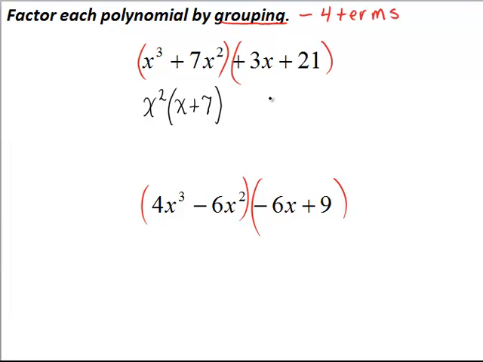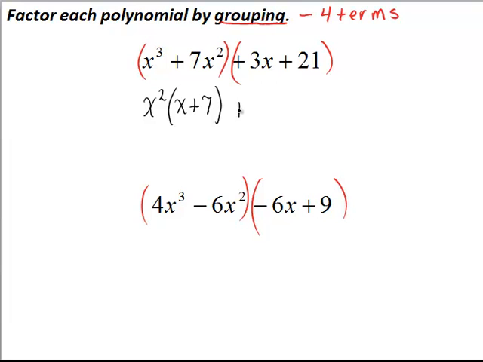Now, looking at the second group, I've got plus 3x plus 21. I notice there's only one x term present, so I cannot pull out an x. But I can pull out a 3, since 3 is the greatest common factor for 3 and 21.